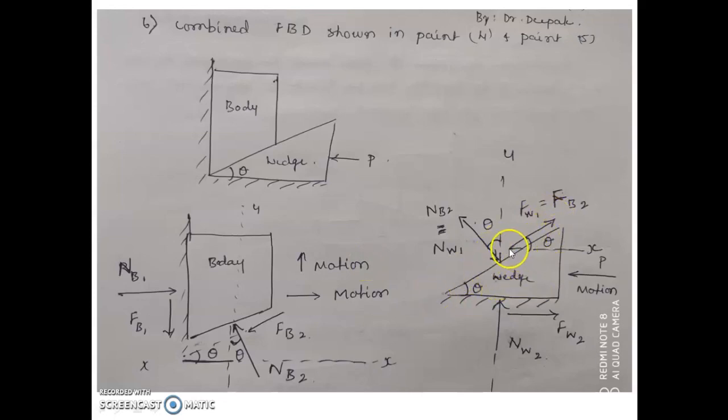This is one surface of the wedge which is in contact with the block. Another one is the horizontal surface. Reaction will be generated and friction will be generated, acting towards the right side, since the motion of the wedge is towards the left side. You can see from this figure. Here theta, the same theta I took here.